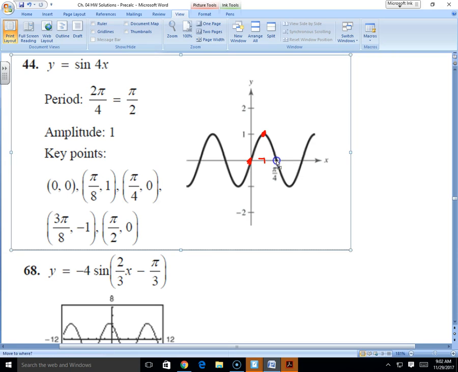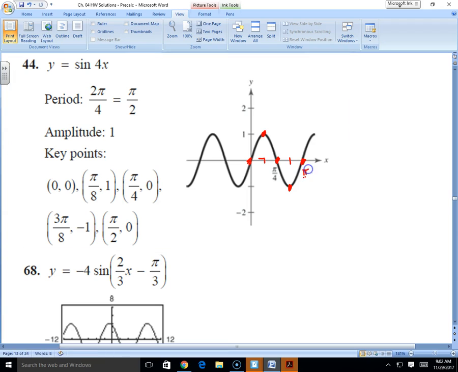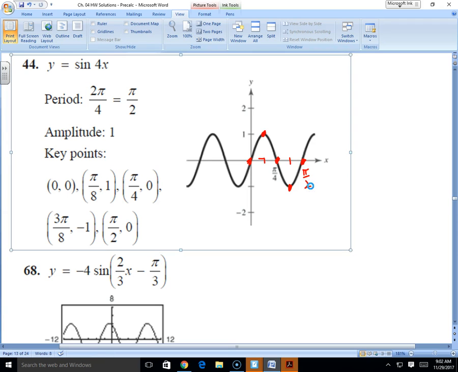Did you have a point at pi over 4, 0? Did you have a point at 3 pi over 8, negative 1? Did you have a point at pi over 2, 0? So, just in case you're wondering what you had to write down, did you have the points shown clearly? If not, then maybe you need to write them out. But if you have them shown clearly, that's enough, and that's okay.